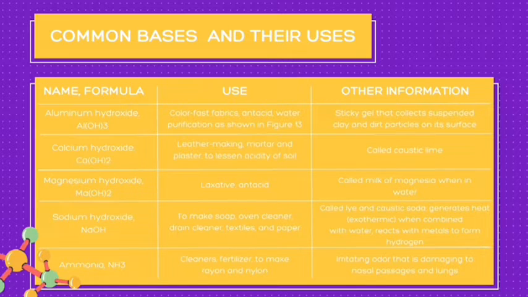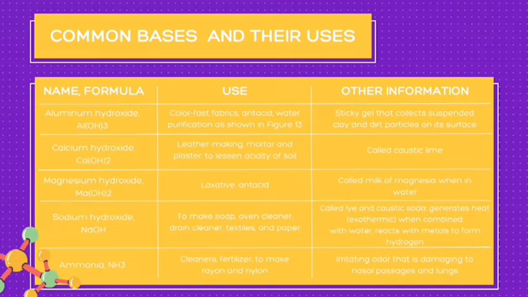Calcium hydroxide, used in leather making, mortar, and plaster to lessen acidity of soil, is called caustic lime. Magnesium hydroxide, used in laxative and antacid, is called milk of magnesia when in water.